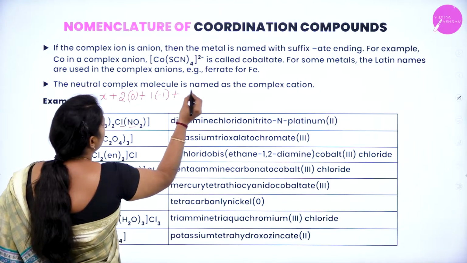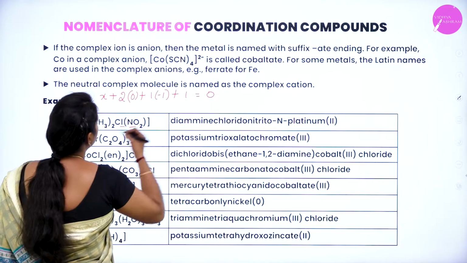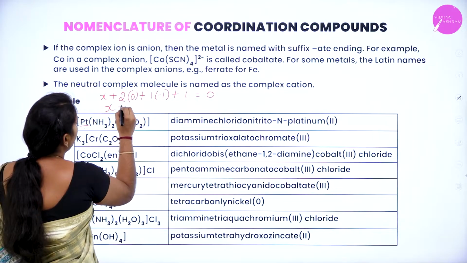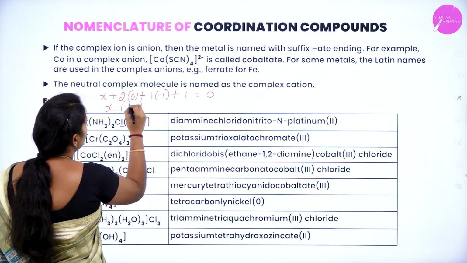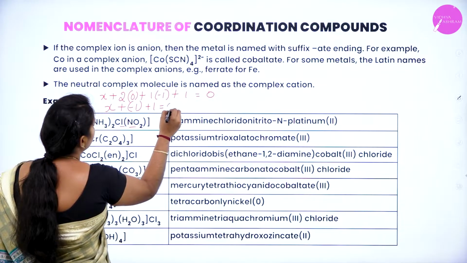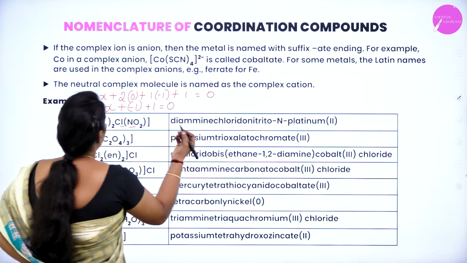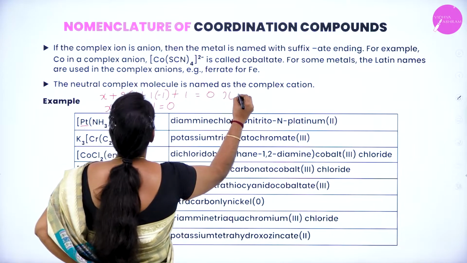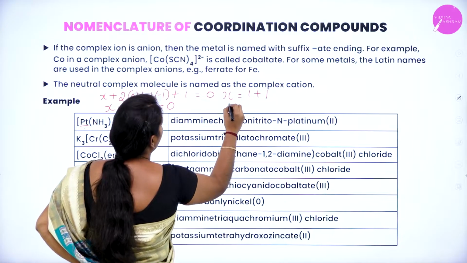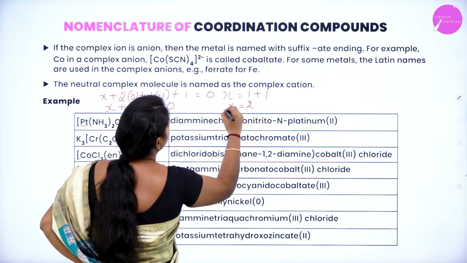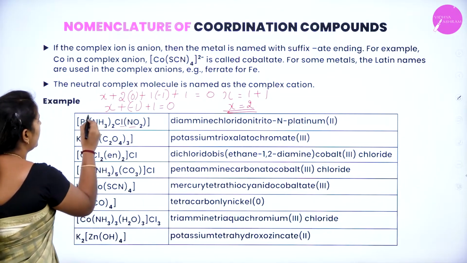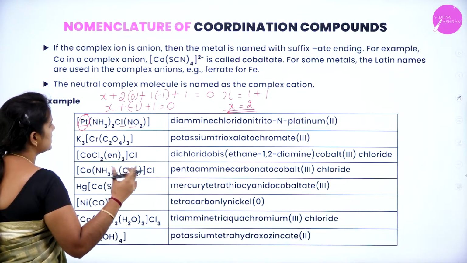So X plus 0 minus 1 minus 1 is equal to 0. Now you can say that X is equal to 1 plus 1, which is equal to 2. So the oxidation state of platinum in this complex is plus 2.